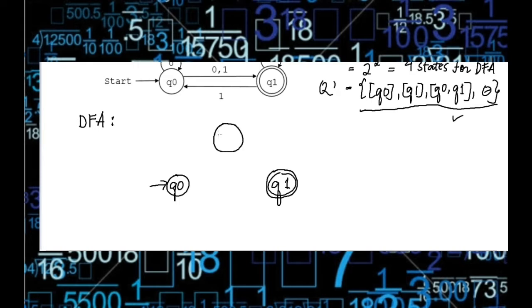We will put here Q0, Q1. Okay? And then, we also have the empty set here, so you need to put it too. So, you draw another circle, which is a state, then put null set. So, that's it. That's our initial diagram. We just graphed these 4 subsets of a set.